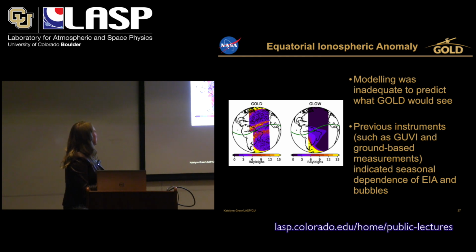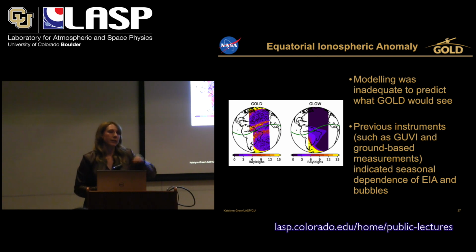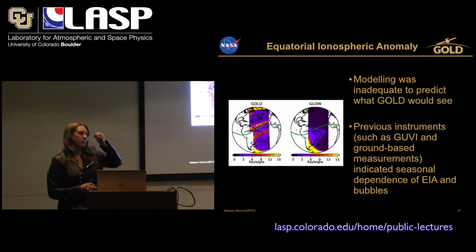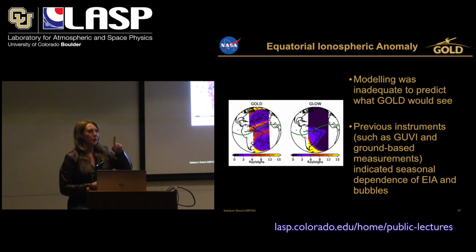What we have on the left is GOLD observations, I think from November 15th, 2018. And on the right is some modeling that I did with GLOW, and the underlying model is called TIGCM, which is the thermosphere ionosphere electrodynamics general circulation model, for those of you who are interested.